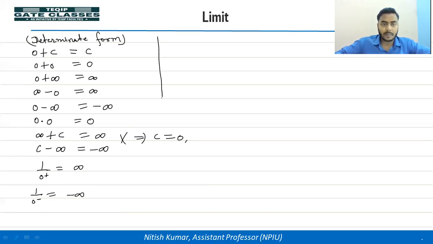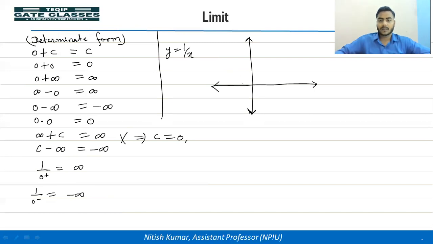You can imagine all this, and you can see it from the graph also. What is the graph of 1/x? Draw the graph of 1/x, it will come like this.